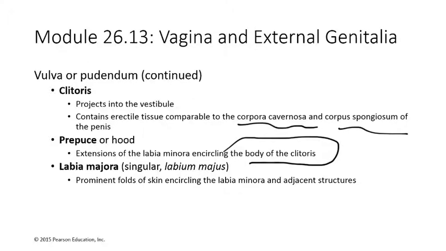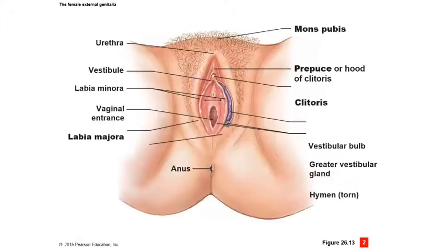And then the labia major, the more prominent folds of skin, are going to encircle the labia minor. And so we see a lot of homologous structures here between the male and female. Remember that the male and female reproductive systems are derived from the same tissues, they just go a different route. And so there's going to be similar structures, homologous structures in both systems.